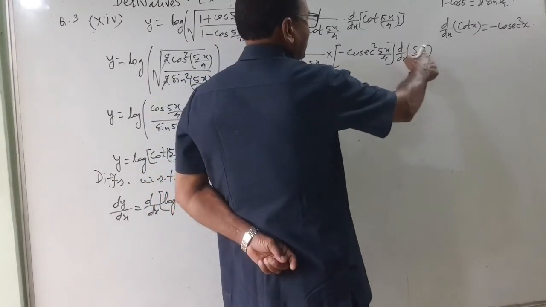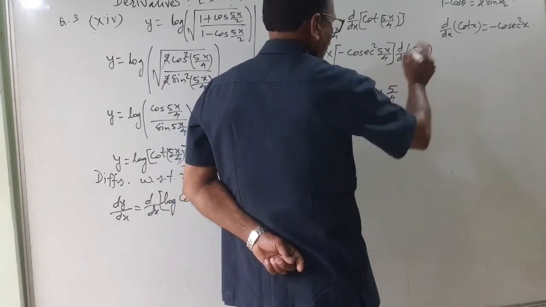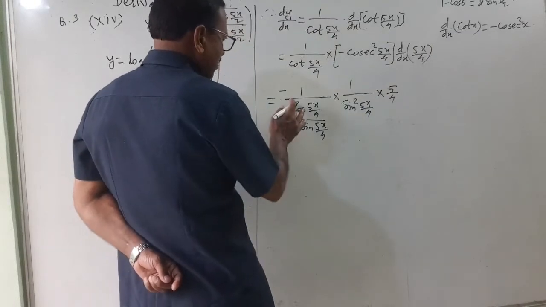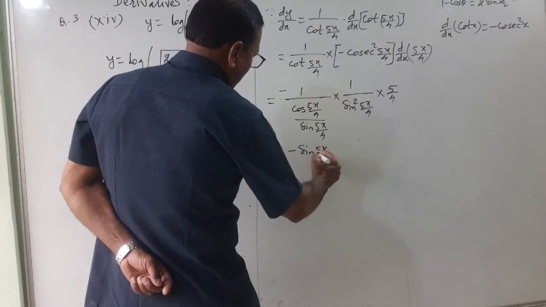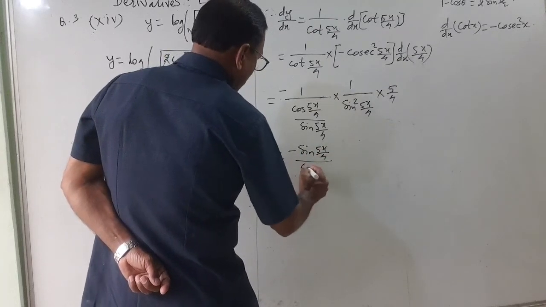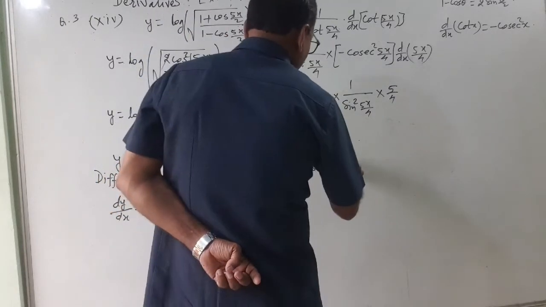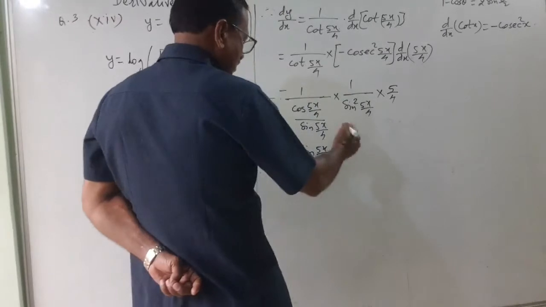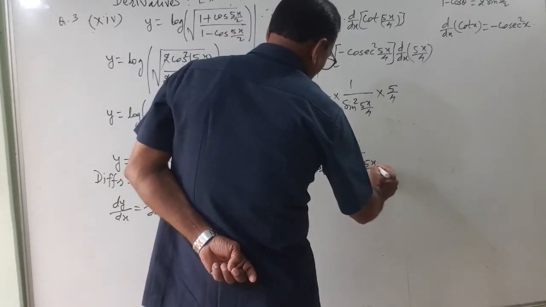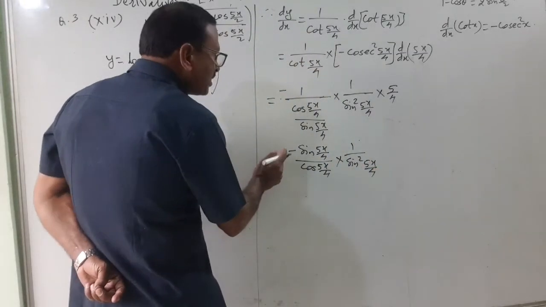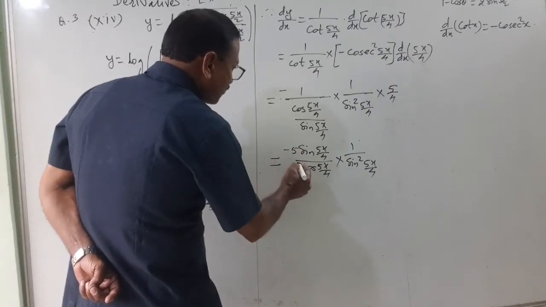Into the derivative of this, only the variable is x. Its derivative is 1. So it is 5 upon 4 into 1. So I will just flip it up. Minus sine of 5x by 4 upon cos of 5x by 4 into, this is 1 upon sine square 5x by 4, and about this 5 now, I will write here minus 5 and this 4 here.